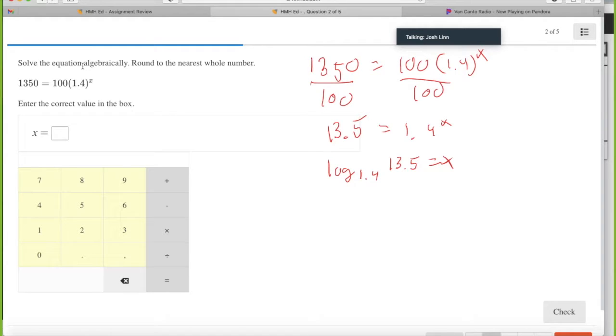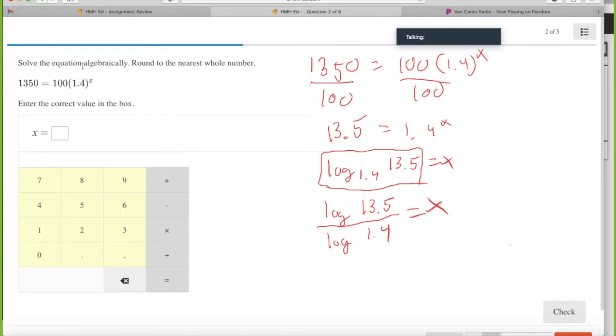So that property says that this is equal to, we're going to put this into a box so that it doesn't look like I'm dividing by, is equal to common log, or log base 10, of 13.5 on top, divided by log base 10, or common log, of 1.4, equals x. So that is something that we can plug into our calculator.